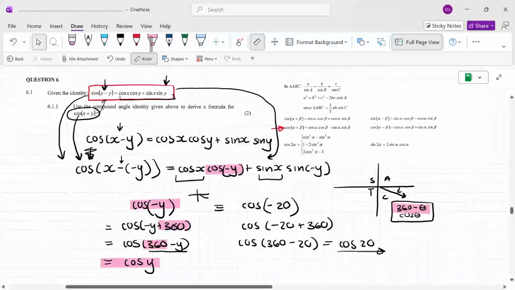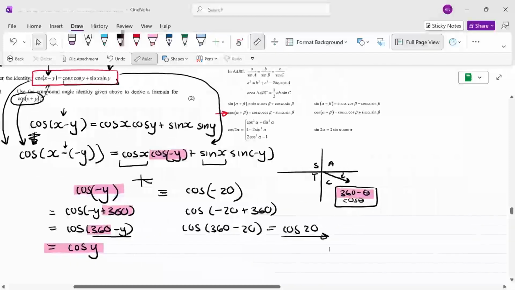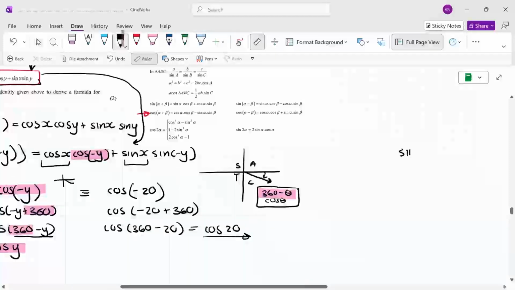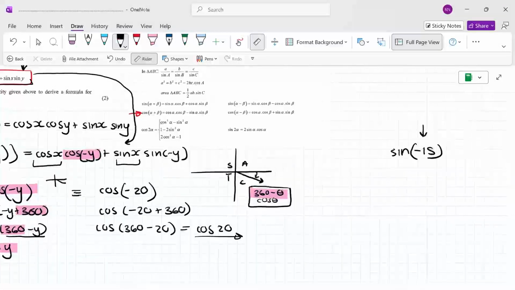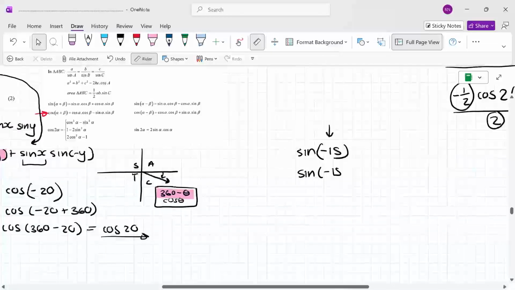Okay, now let's try the same for sine. Sine of a negative number, if I had sine of minus 15, I can't deal with a negative angle, right? I'd have to add 360 to it. So I have to say sine of minus 15 plus 360 so that it goes to a positive angle, right?